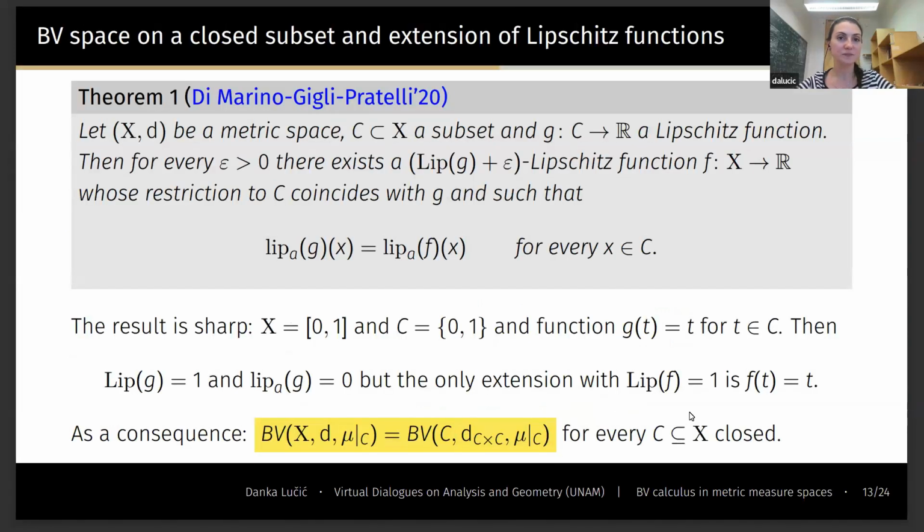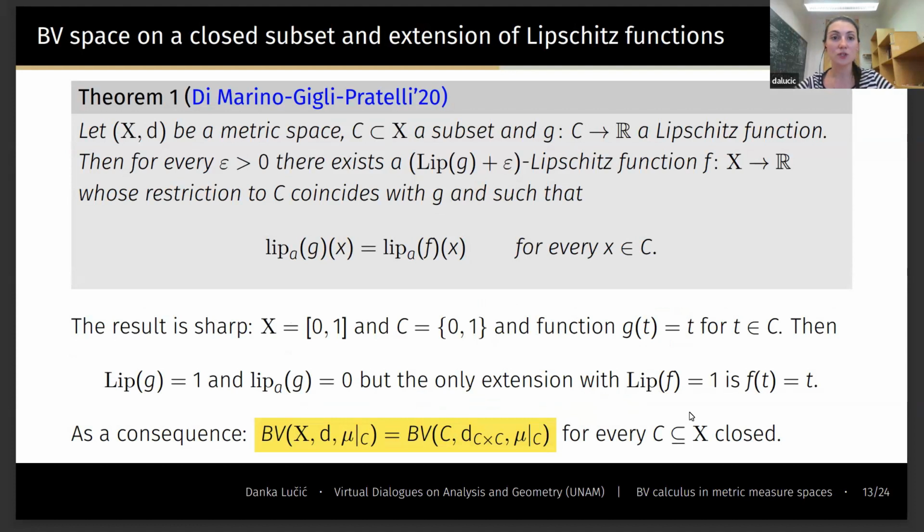And so a result which I find nice by itself, and which was useful for us to get our main result, is the following. Given that we are talking here about extensions, this is something about extension of Lipschitz functions.